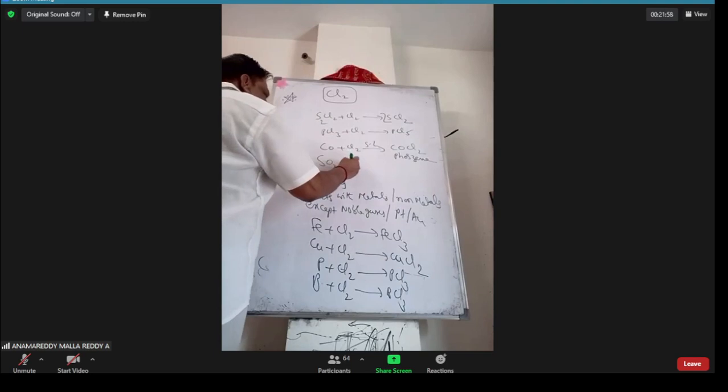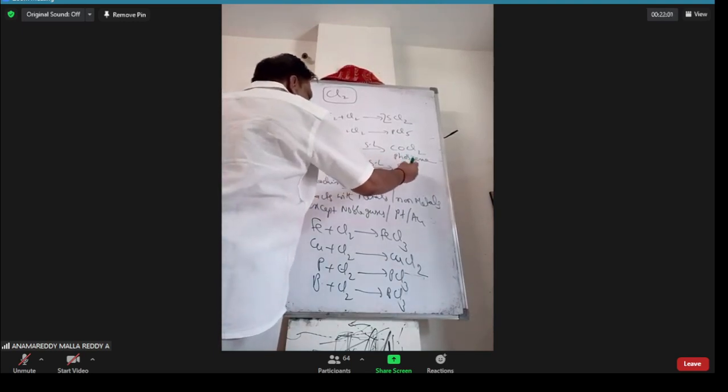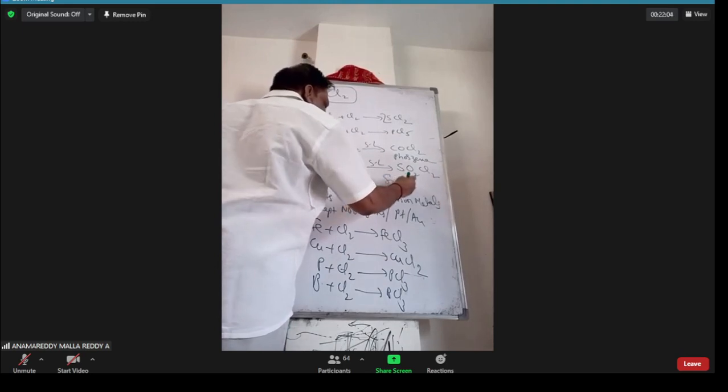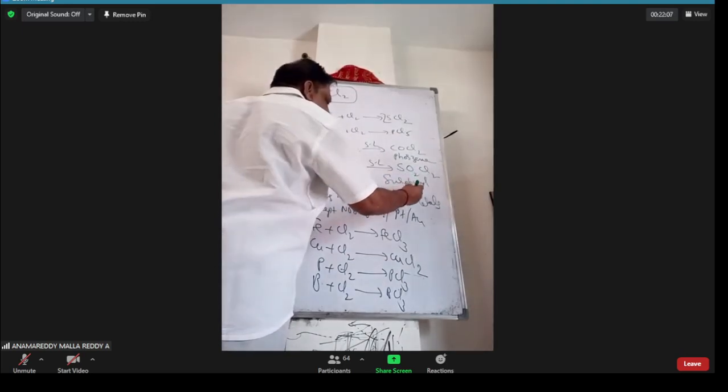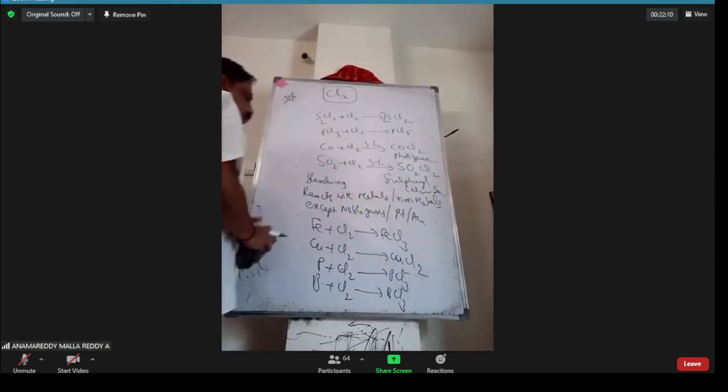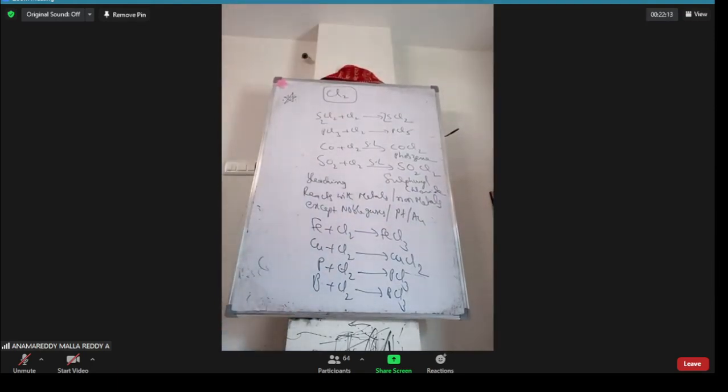Sulfur dioxide reacts with chlorine in the presence of sunlight, gives SO2Cl2, sulfuryl chloride. Noted?